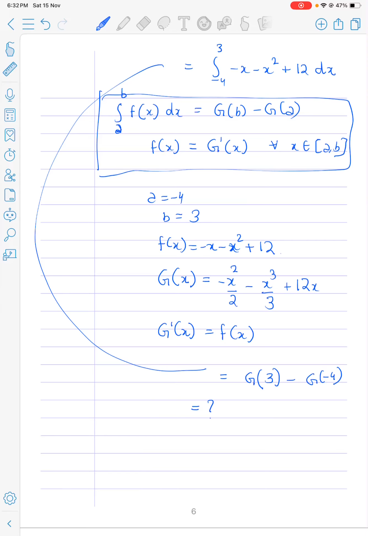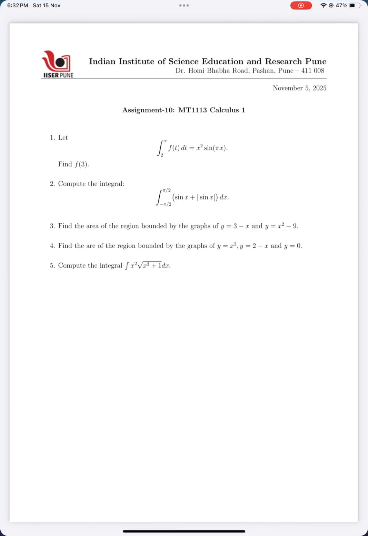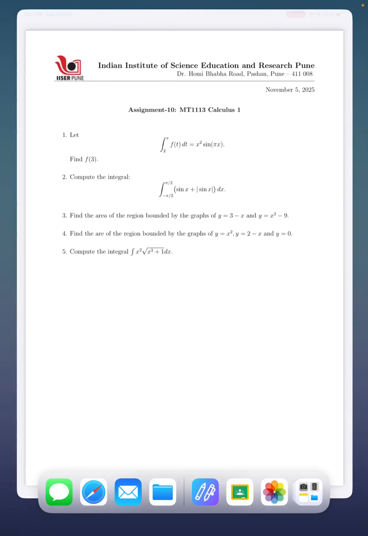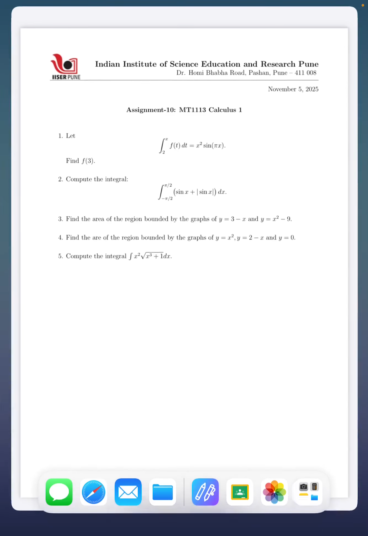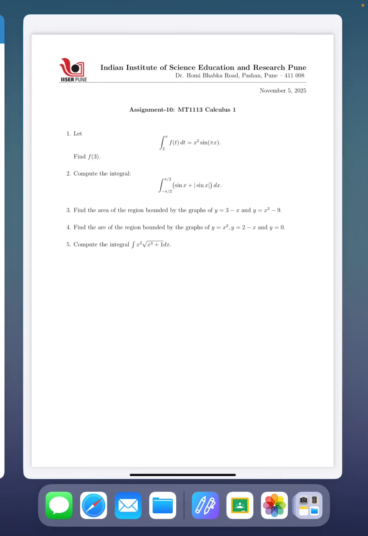It's in a similar spirit. I don't think 4 is much harder. We will move directly to question number 5.